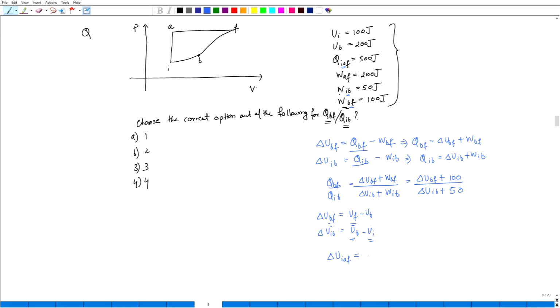That is QIAF minus WIAF, so this is UF minus UI. QIAF is 500 minus WIAF. In going from IAF, it is nothing but WIA plus WAF.